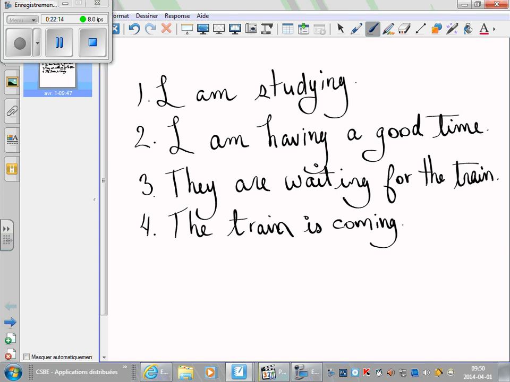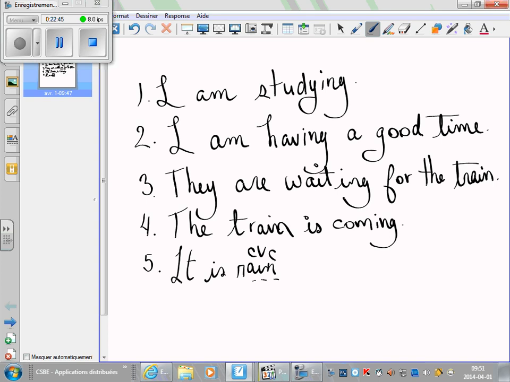Number 5, I'm asking Mike. It rained today. It is raining. How do you write raining? 1 N or 2 N's? So in rain, the 3 last letters, you have a consonant, a vowel, and another consonant.